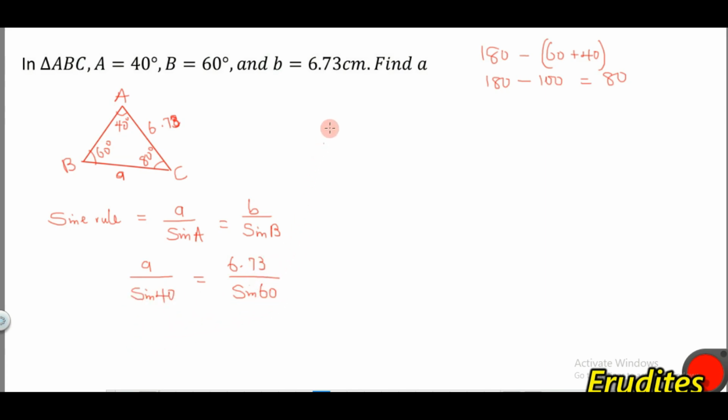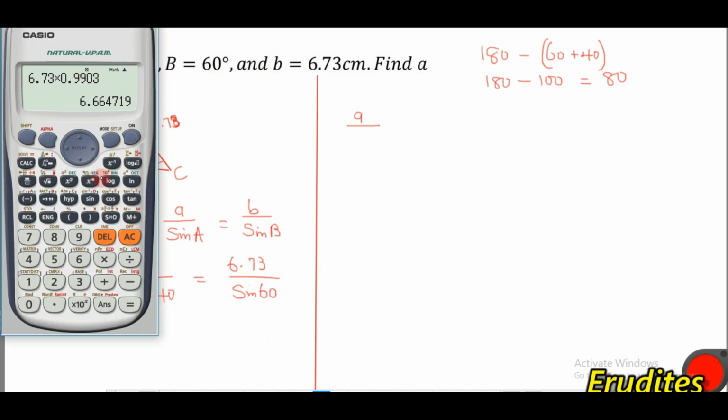So a over sine 40 is what? I'll bring out my calculator and press sine 40. Sine 40 is equal to 0.64278, so that's approximately 0.6428.